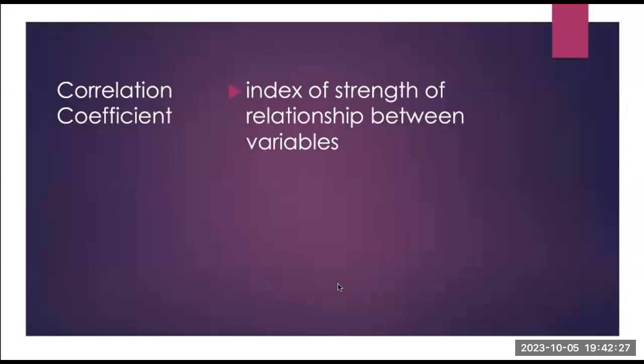The further away it is from zero, the stronger the correlation, right? So the negative and positive don't tell you the strength of the correlation. They just tell you the valence, whether they move together, which is positive, or they move opposite from each other, which is negative. But the strength is actually indicated by the value of the number.